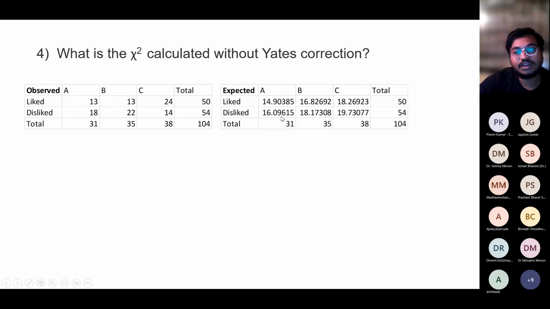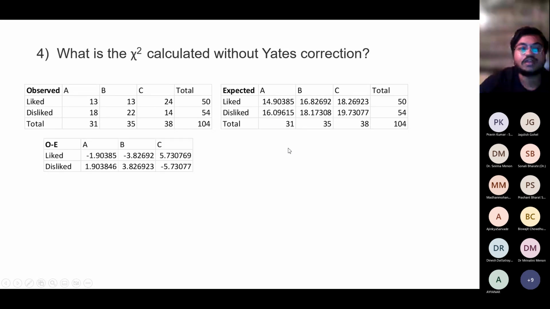For the expected, we'll calculate in the same way. So for this cell, which is A liked, it will be 31 by 104 multiplied by 50, which turns out to be 14.9. And for B, it will be 35 by 104 into 50, and so on. We'll get all these values. Then, since we are not asked about Yates correction, we'll just subtract expected from observed to get these values.